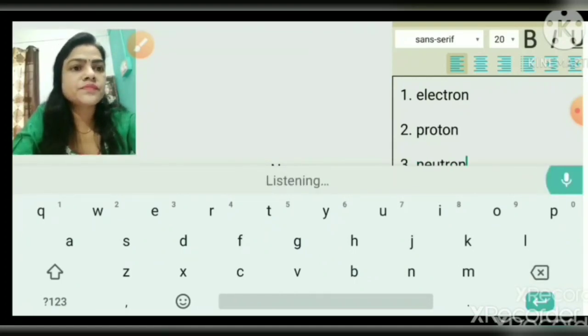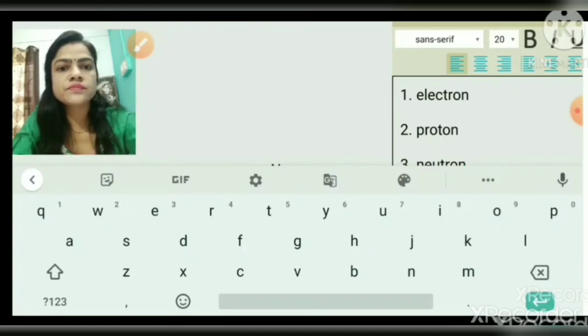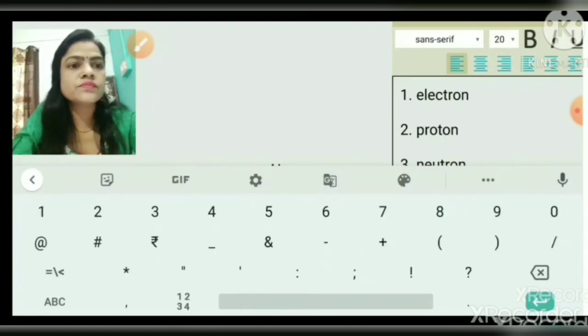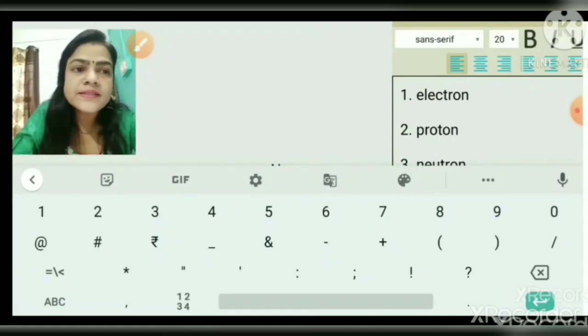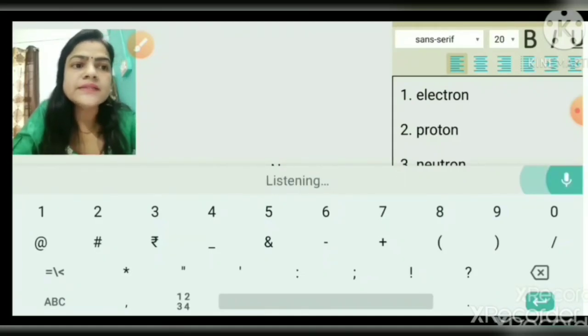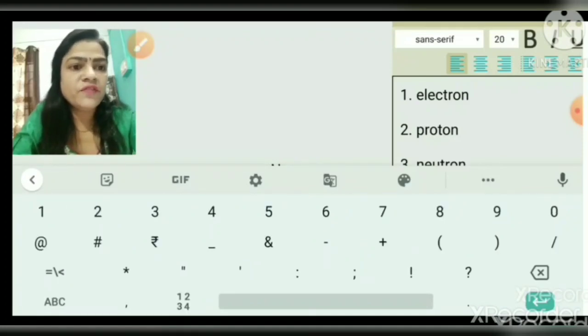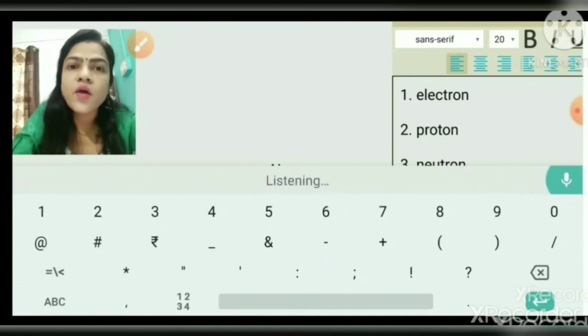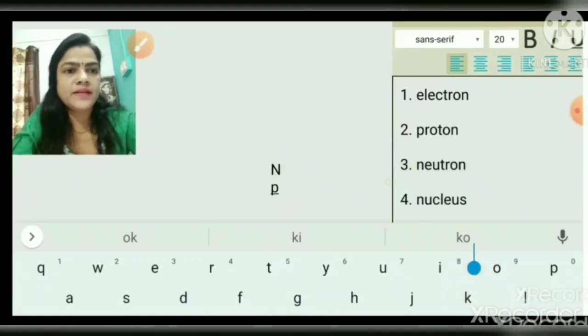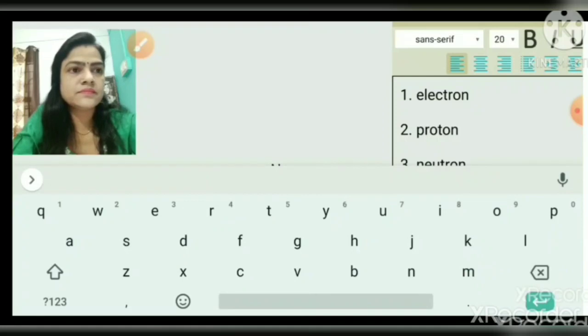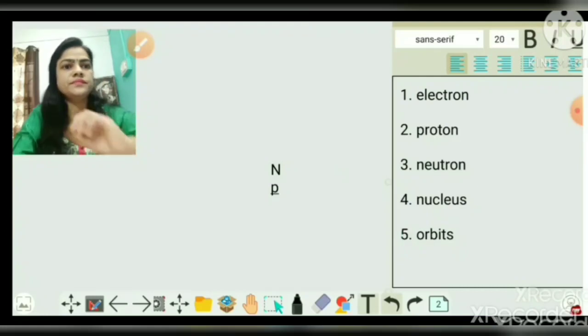Fourth is nucleus. And fifth is orbits. Okay?